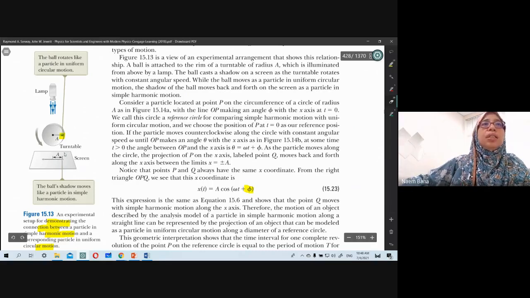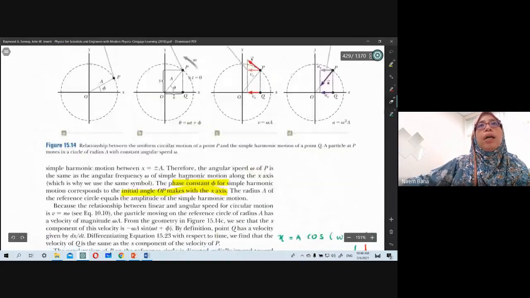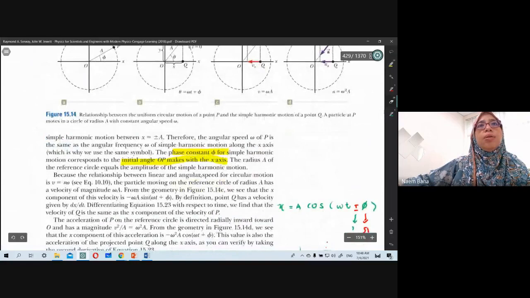Since it's at positive amplitude, this expression phi will turn out to be 0. Understand? But then again, this figure tries to portray the idea of the amplitude, where it's half, somewhere in between. Okay, you have to divide into half.